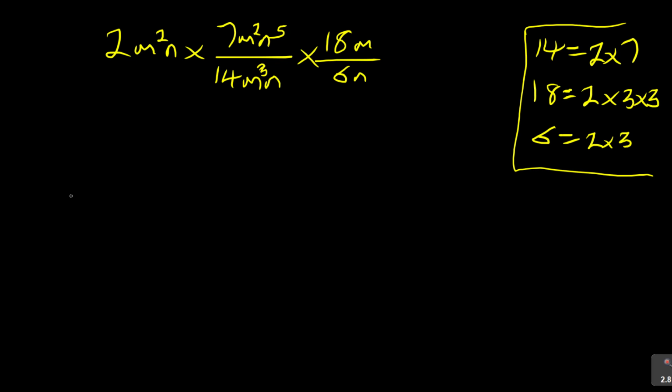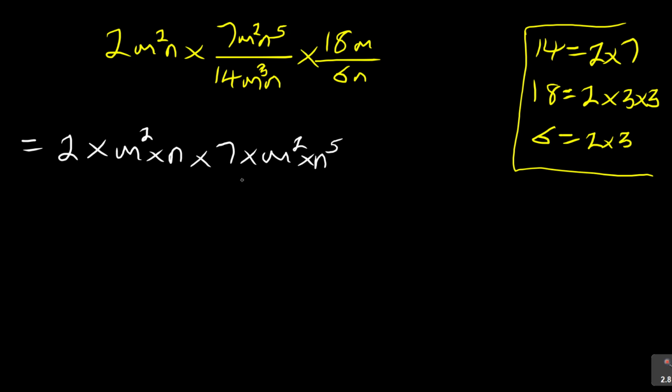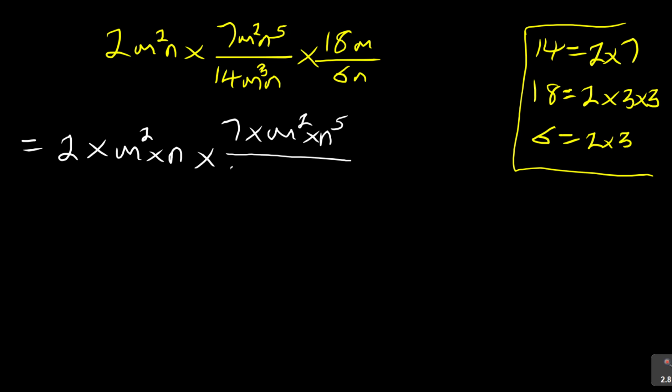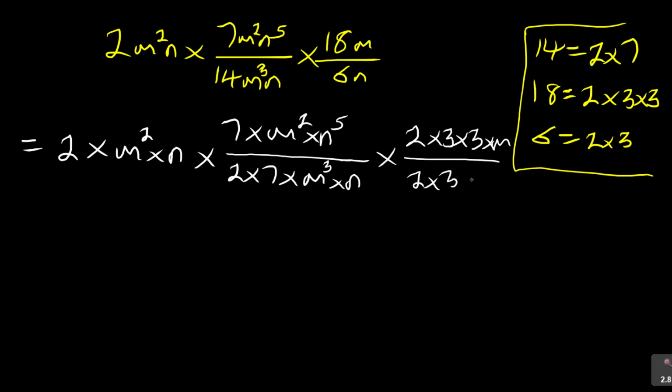These are products of prime factors, right? So I can write this further as 2 times m squared times n times 7 times m squared times n to the power 5, all over 14, which is 2 times 7 times m cubed times n, times 18, which is 2 times 3 times 3 times m, over 2 times 3 times n.